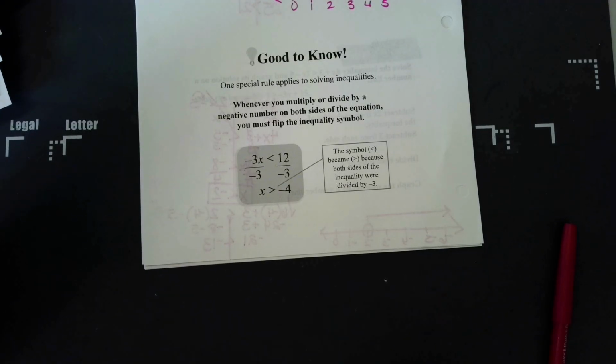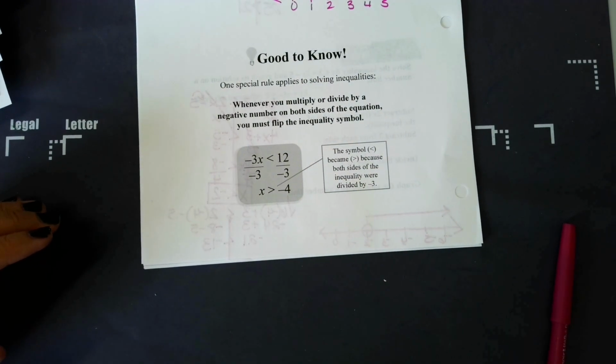Anytime you multiply or divide by a negative, your sign has to switch. So if it said greater than, it would switch to less than. If it said less than, it would switch to greater than.